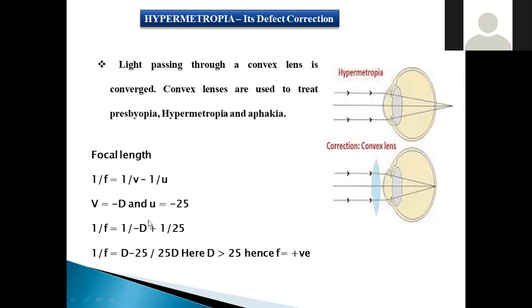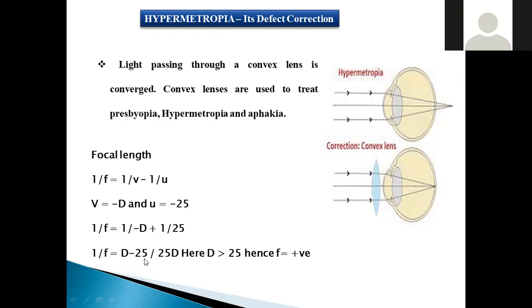Now let us calculate its focal length. The focal length for hypermetropia is given as v = -d, u = -25. Okay, so v = -d, u = -25. Now 1 by minus d, minus into minus becomes plus, that's why 1 by 25.